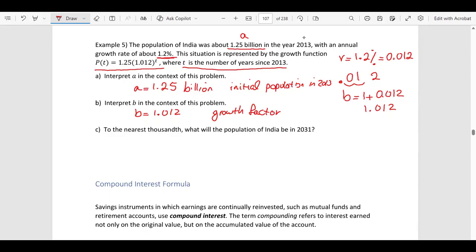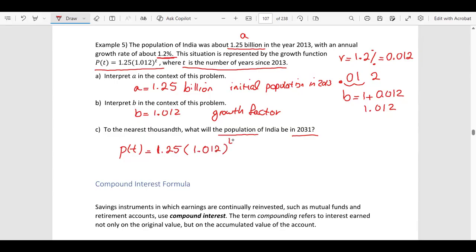Now it says, to the nearest thousand, what will the population of India be in 2031? You want to find the population, that means P of t. So let's write the equation first, because to solve application problems, we always use equations. If an equation is given to us, feel free to use it.